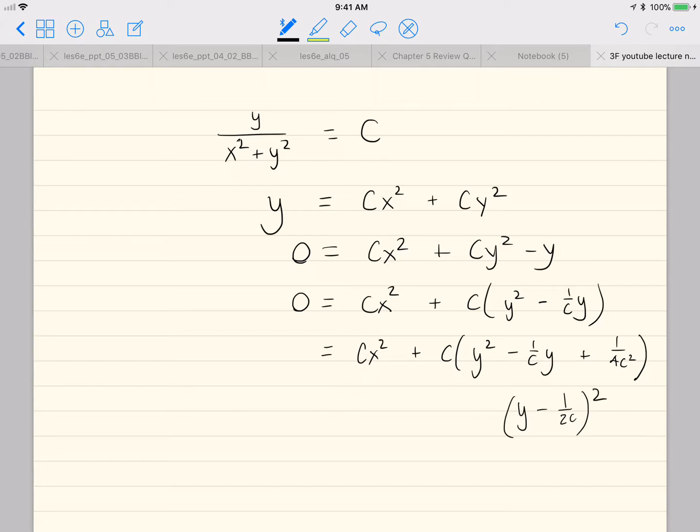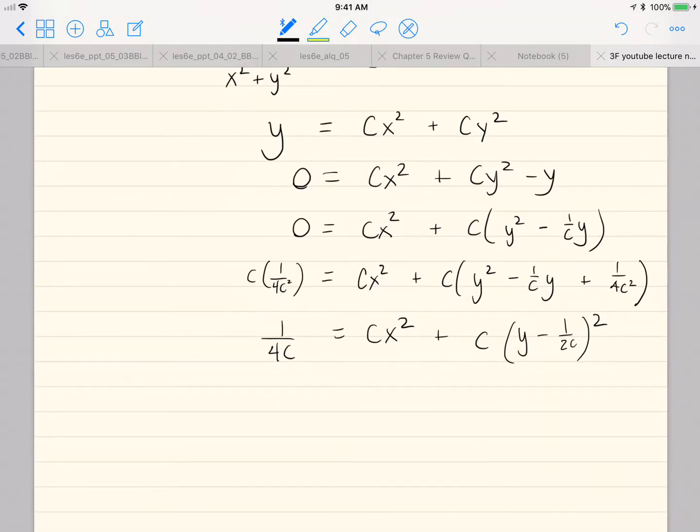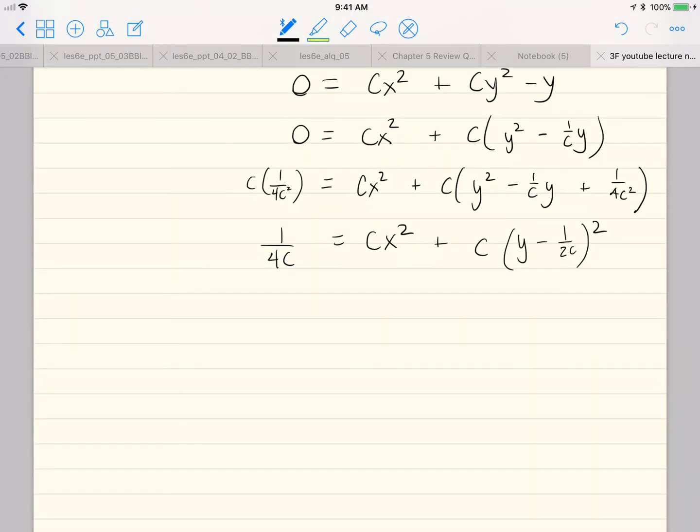But if I add c times 1 over 4c squared to one side, I have to add c times 1 over 4c squared to the other side. So now I'm going to get 1 over 4c on the right-hand side plus cx squared. So this is actually a circle. Divide all sides by c. So we'll get x squared plus y minus 1 over 2c squared equals 1 over 4c squared.